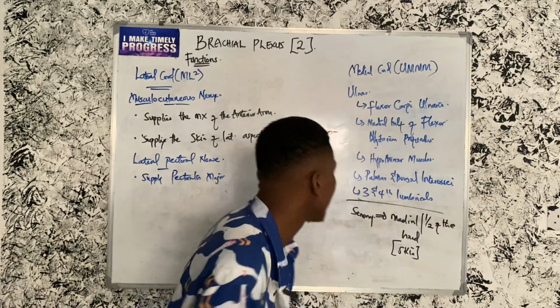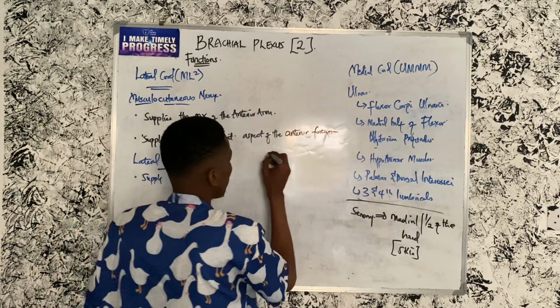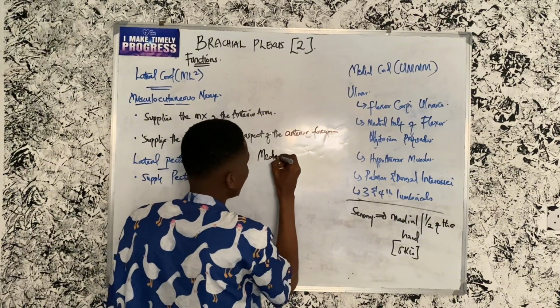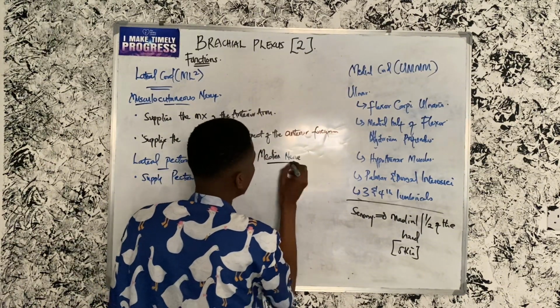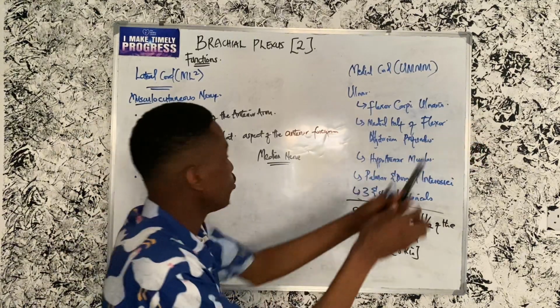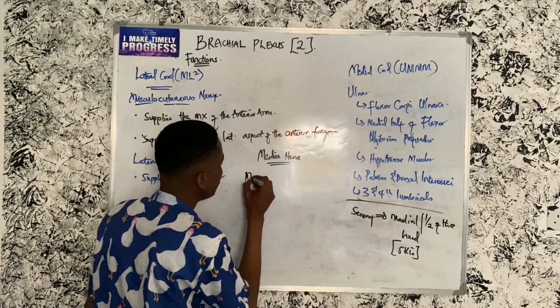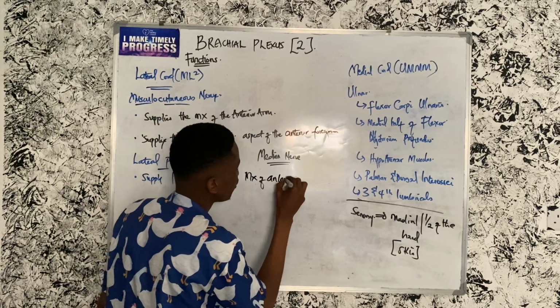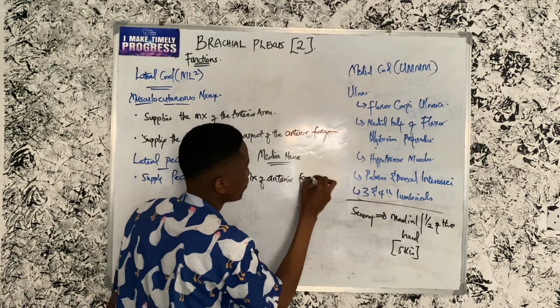So let's talk about the median nerve. Who does the median nerve supply? The median nerve is going to be supplying the muscles of the anterior forearm.